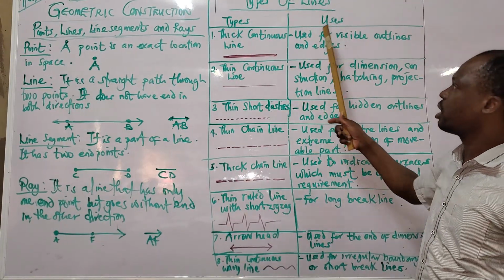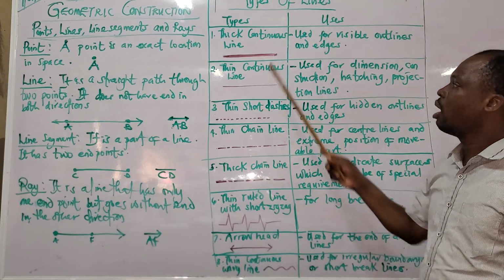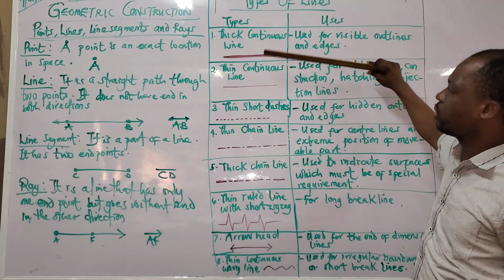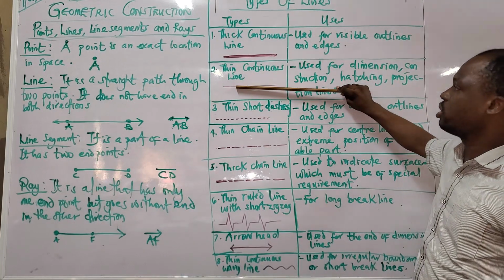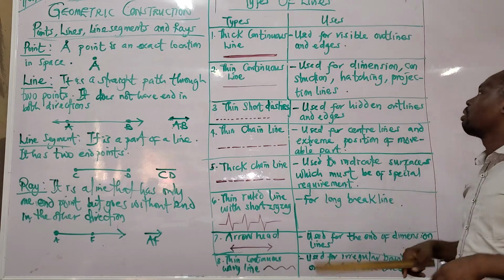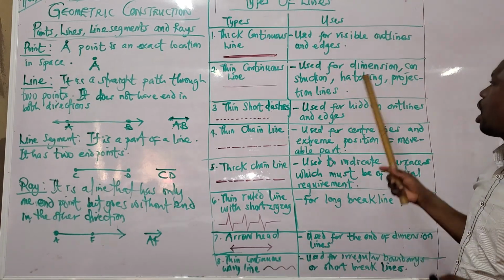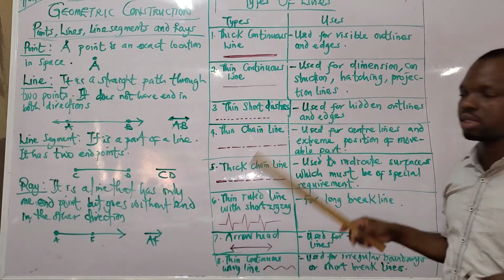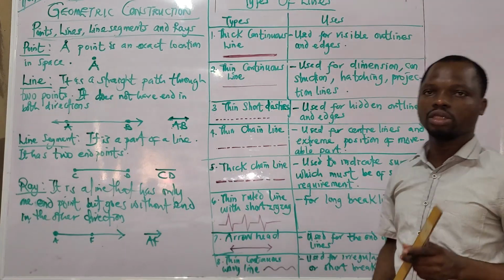We also can see the difference between a thick continuous line and a thin continuous line. A thin continuous line can be used for dimension lines, construction lines, hatching, and projection lines.